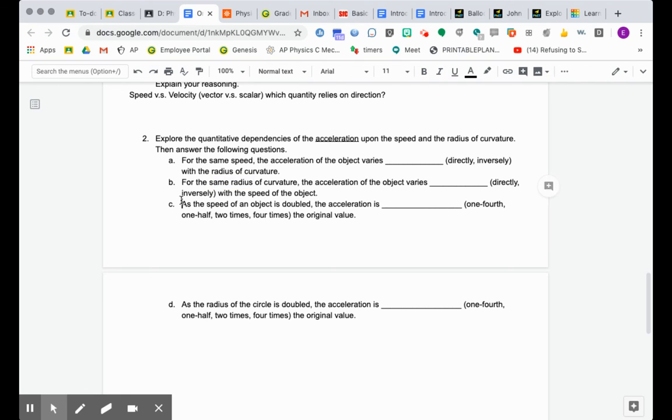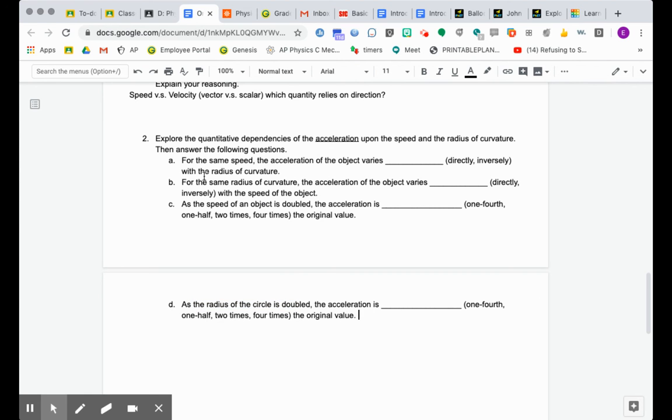Part C asks, if you doubled the speed, what happens to the acceleration? So C piggybacks on part A and D piggybacks on part B. When speed's doubled, radius is doubled, what happens to the acceleration?